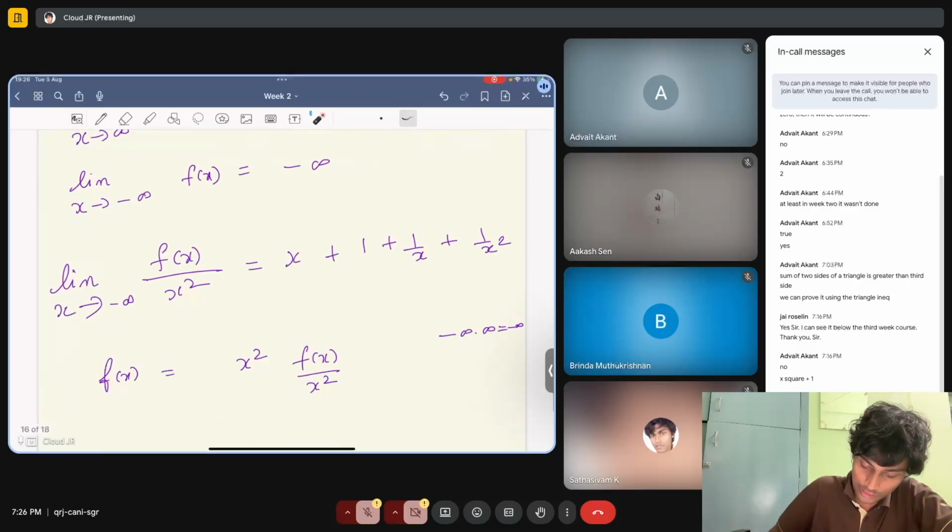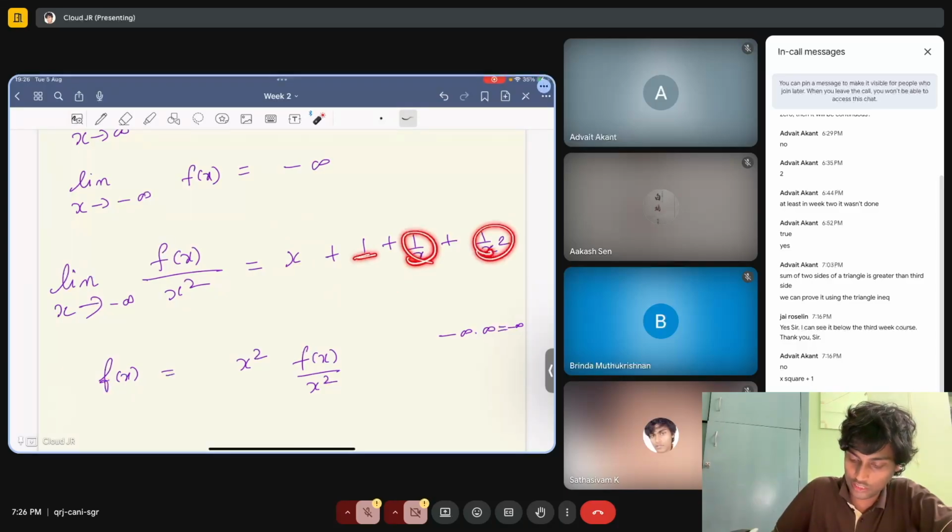So if you want to see it, basically you are seeing f of x as f of x by x square times x square, and this goes to infinity, and this, as we have seen here, goes to minus infinity. Why? Because this goes to minus infinity and these two terms go to 0. This is a constant, so minus infinity plus 1 is just minus infinity.